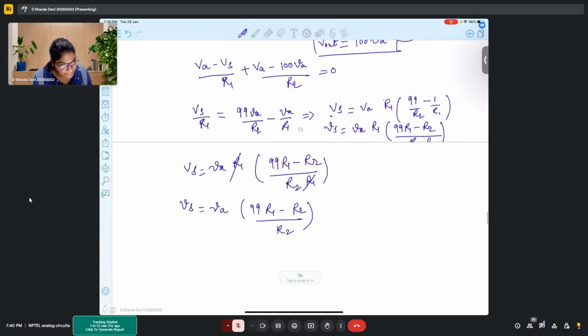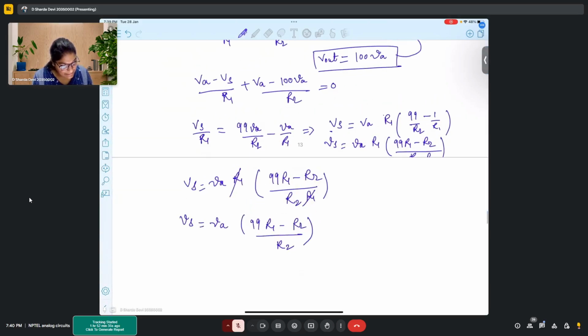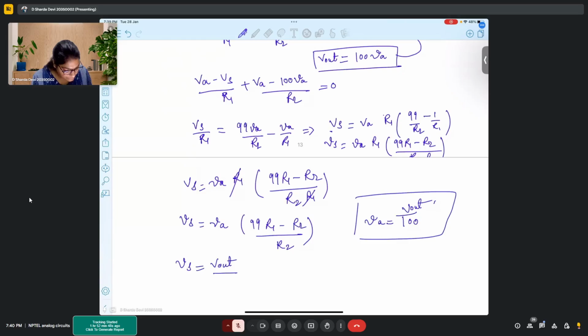Now in place of VA I can put Vout by 100, right? So VS is Vout by 100 times (99 R1 by R2 minus 1).